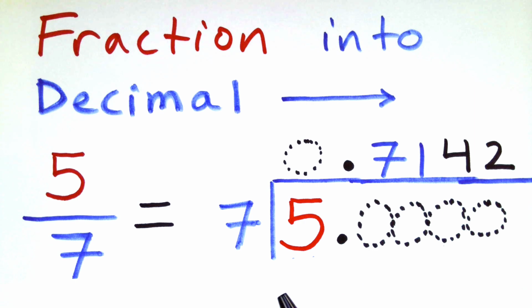So, what number times 7 gets me closest to 5? We're going to do some long division here. Well, there's no number, right? That's my dot, dot, dot, invisible 0. If you've been watching my videos, I talk a lot about invisible ones, invisible decimal, invisible zeros.